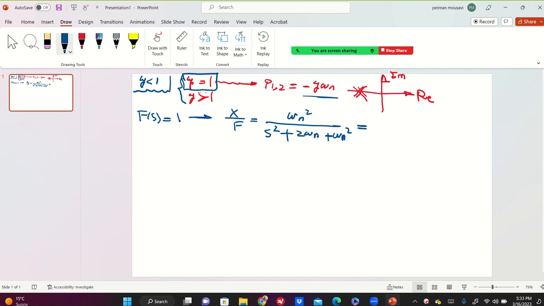Because you have two repeated real poles, you can write it as (s plus p) squared.